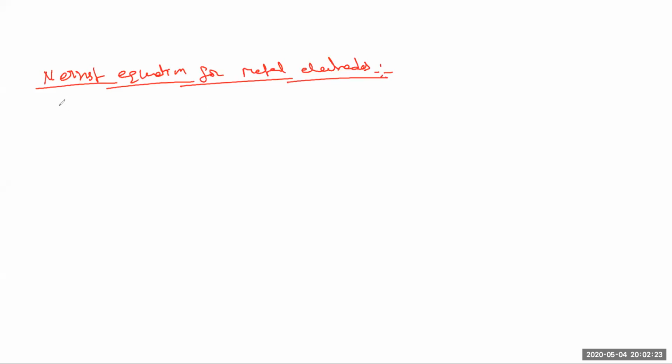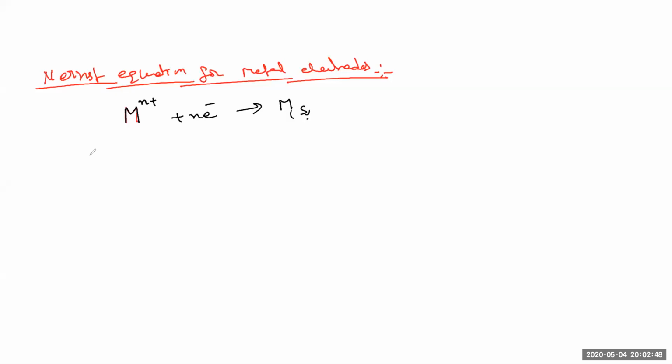Now consider the reduction of a metal electrode. M n plus, the metal ion, takes electrons and becomes metal solid. After reduction it becomes metal solid only.